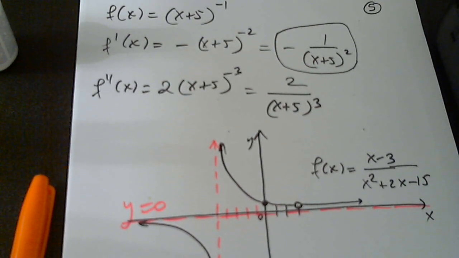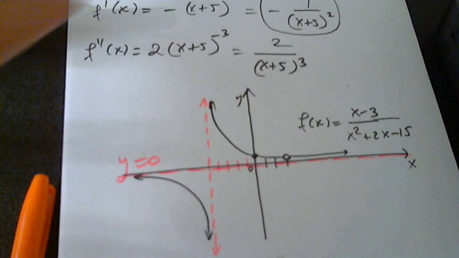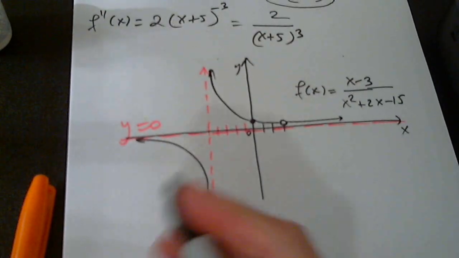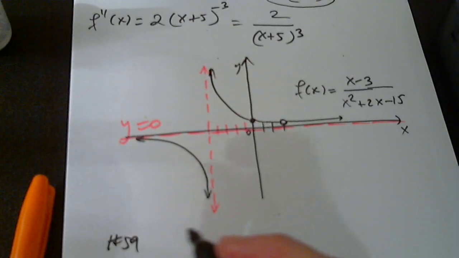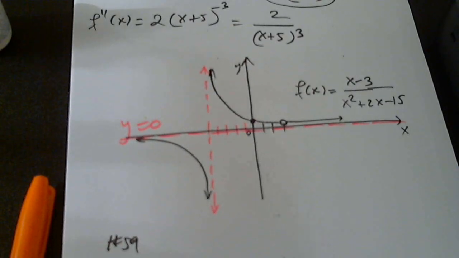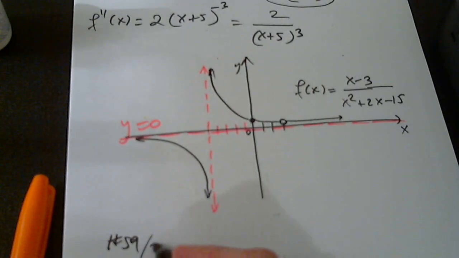Value of a stock, sales saturation, medication in the bloodstream. Can we do 59? 59, the medication in the bloodstream. Okay, perfect. Let's do that. Good. 59 is on what page? I think it's 306, yes.